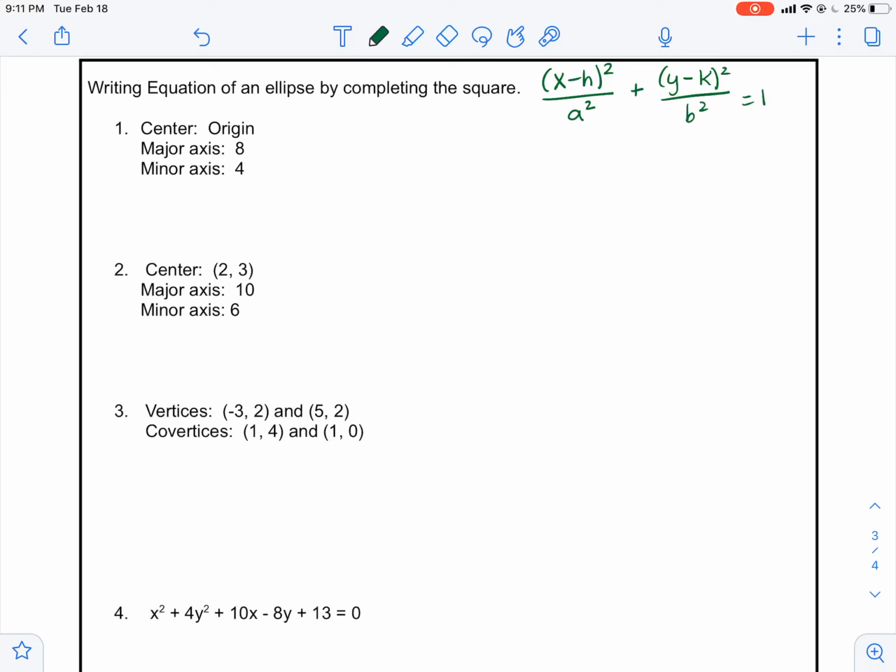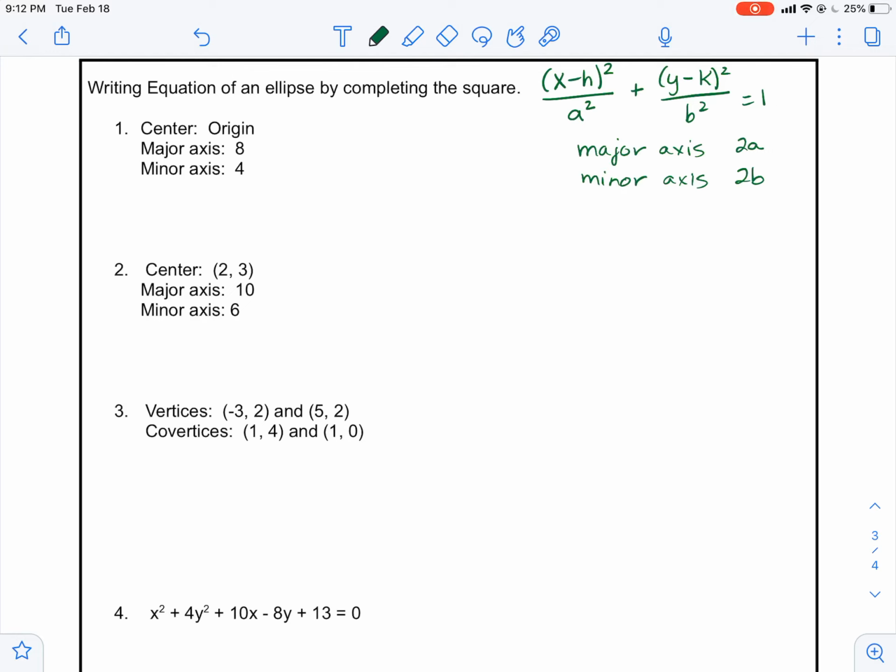And remember that your major axis in this case is going to be 2 times a, and your minor axis will be 2 times b. And remember, whichever one has the x as the larger number will determine whether you have a vertical or horizontal ellipse.